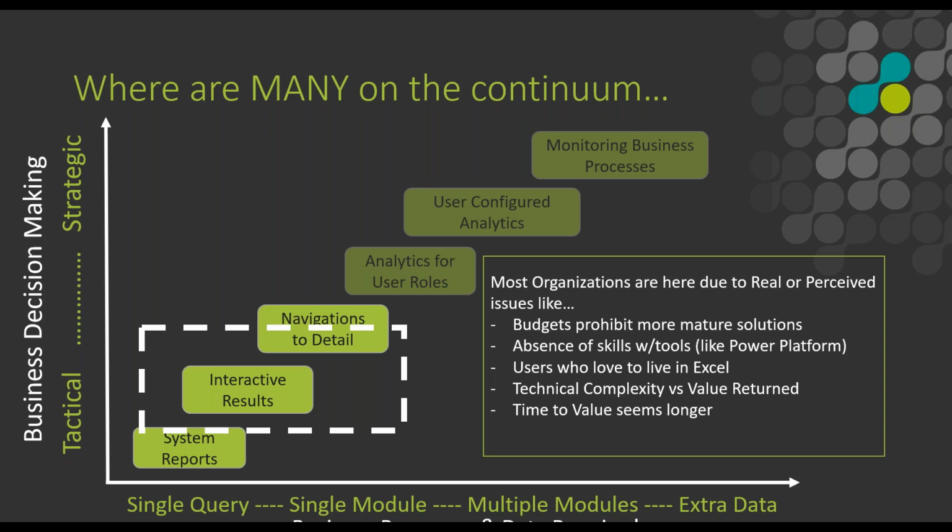In our experience, and ZAP has the benefit of customers across the globe, across many ERPs, a lot of organizations are hovering between having navigated beyond system reports and having some level of interactive results. They may have some navigation to the underlying detail. They aren't particularly mature around their solution set, and I don't say that in an offensive way.